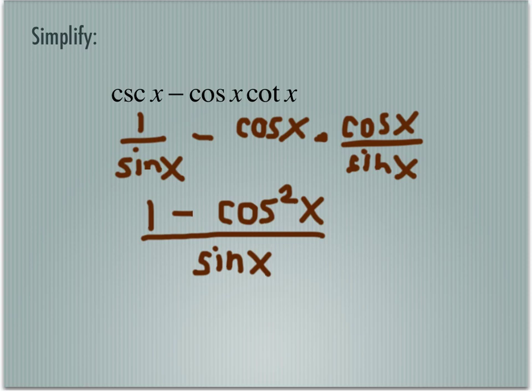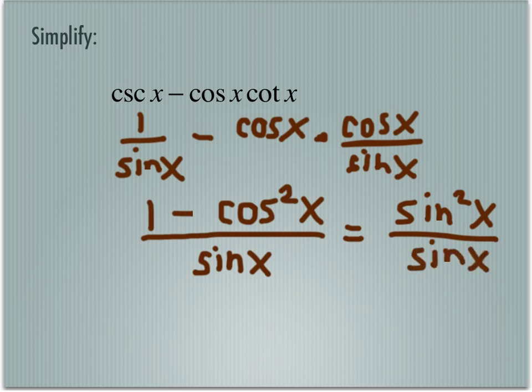Right here, 1 minus cosine squared is the same as sine squared. That's manipulating one of the Pythagorean identities. And sine squared over sine is kind of like x squared over x. One of the sines will cancel out, and this simplifies down to just the sine of x.